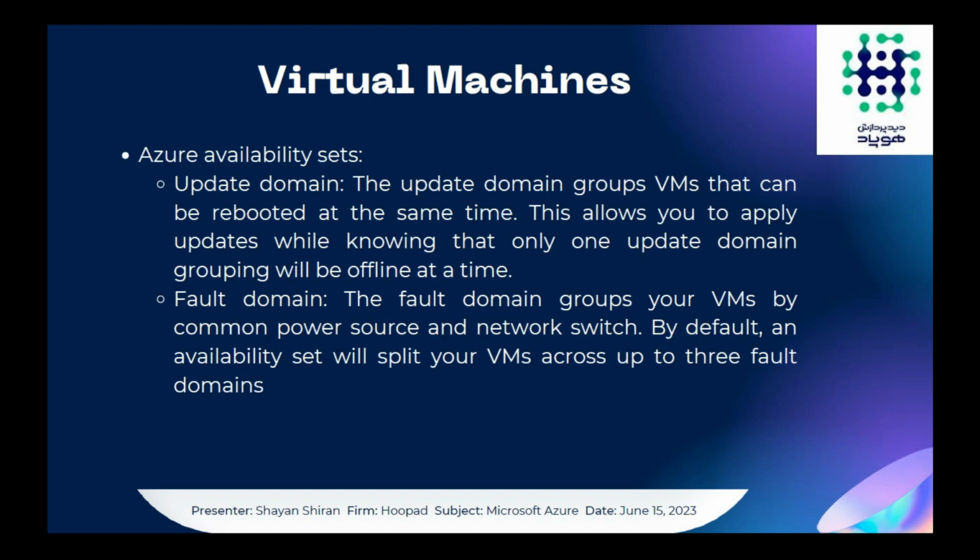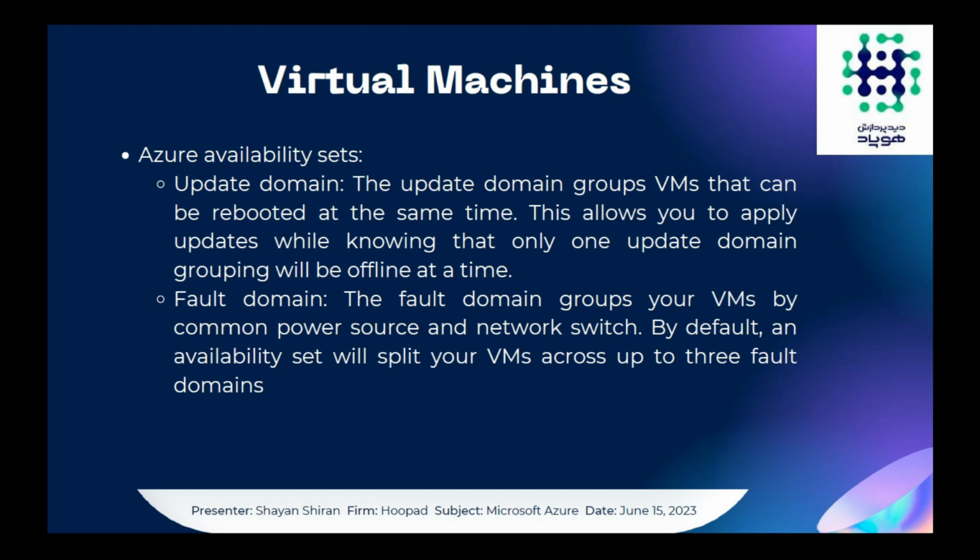And the other concept is the availability sets. Availability sets are another tool in Microsoft Azure. They group VMs into two categories: the update domain and the fault domain, and these two have the same purpose.